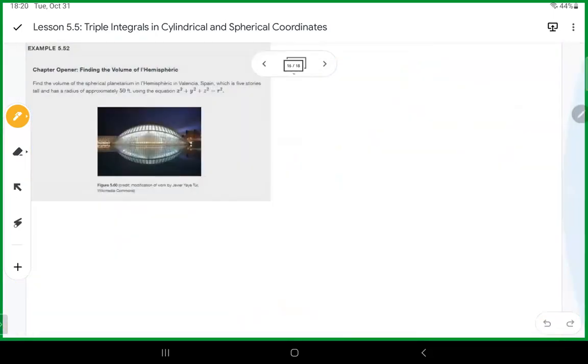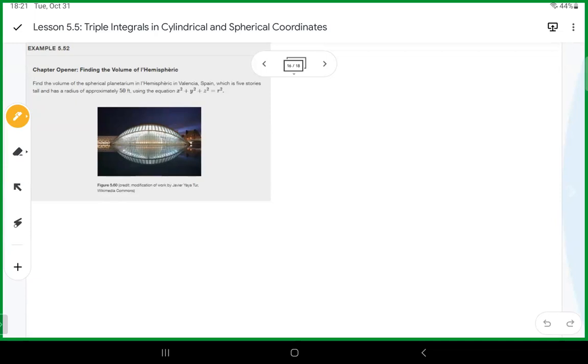All right. Again, I apologize for going a little bit quicker. Okay, so this was about the chapter opening. Find the volume of the spherical planetarium, which is 5 stories tall and has a radius of approximately 50 feet using the following equation. So we're going to try to find this.